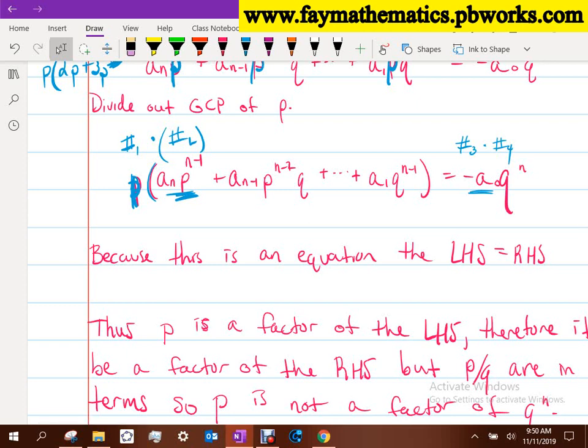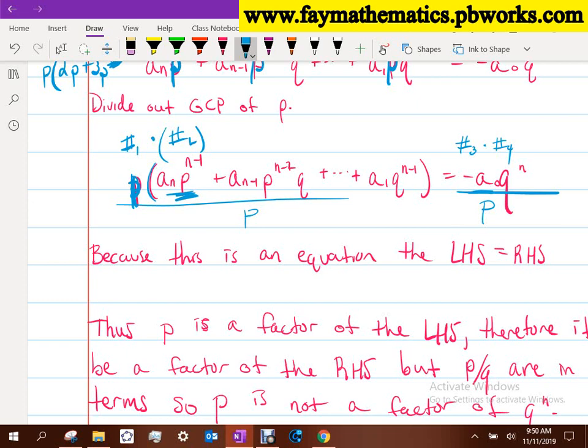Why is that important here? Because if I divide this entire left-hand side by p, what would I have to do to the right-hand side? Divide by p. And here's the argument. Because p and q at the beginning were in lowest terms, will p and q divide evenly here?